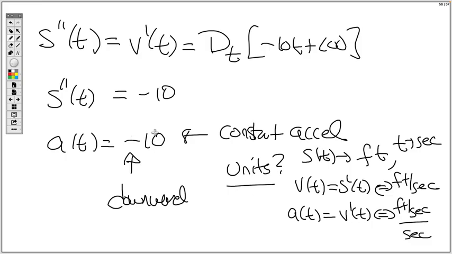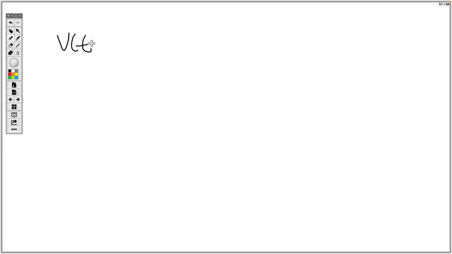So the fact that the acceleration is negative means that the velocity is always decreasing. So if the velocity is, say, positive, and the rocket's traveling up, the acceleration is always negative, which means it's pulling the rocket what?